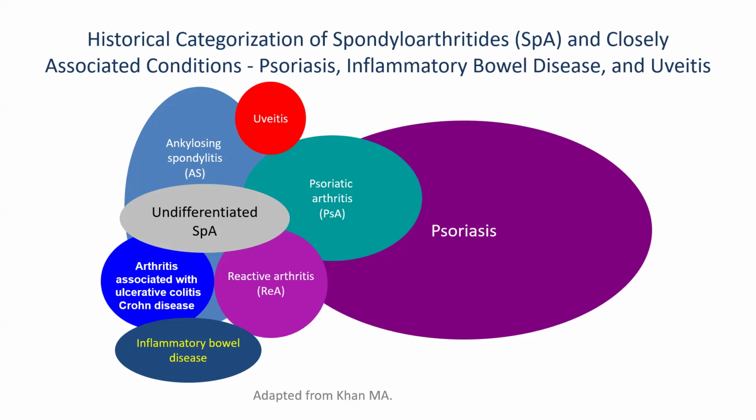The arthritis is associated with inflammatory bowel disease, ulcerative colitis, or Crohn's disease, and something called reactive arthritis, which mainly occurs in second and third world or developing countries where there is more infectious stimulus to the development of spondyloarthritis, especially in HLA-B27 positive individuals.